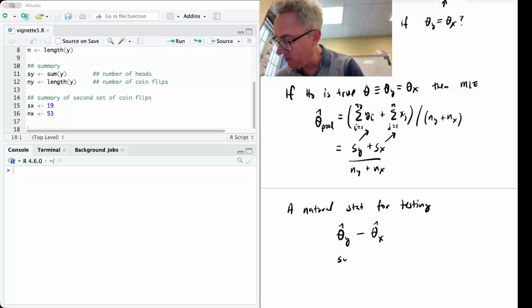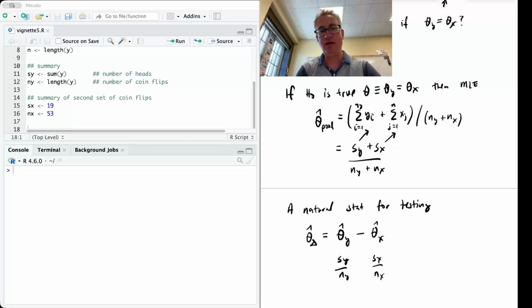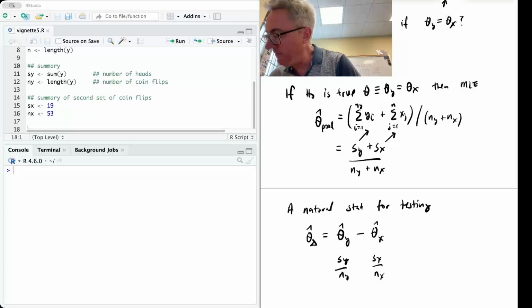So right, this is sy over ny, and this is sx over nx. And we could call that theta delta, because that gets at a contrast between the two. And if the null hypothesis is true, then the true theta delta is 0.